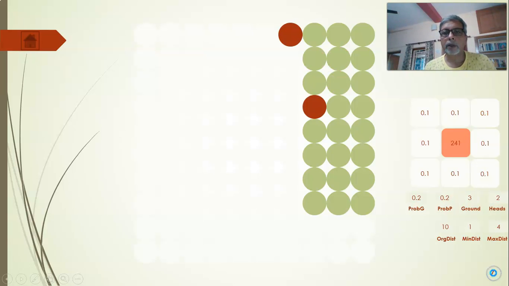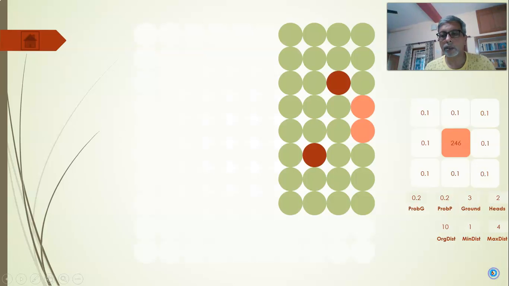Now the distance has come down to 8. Now it is 7. The playground and the origin room is coming back. The distance is 6 now. The coins are doing a random walk on the plane.